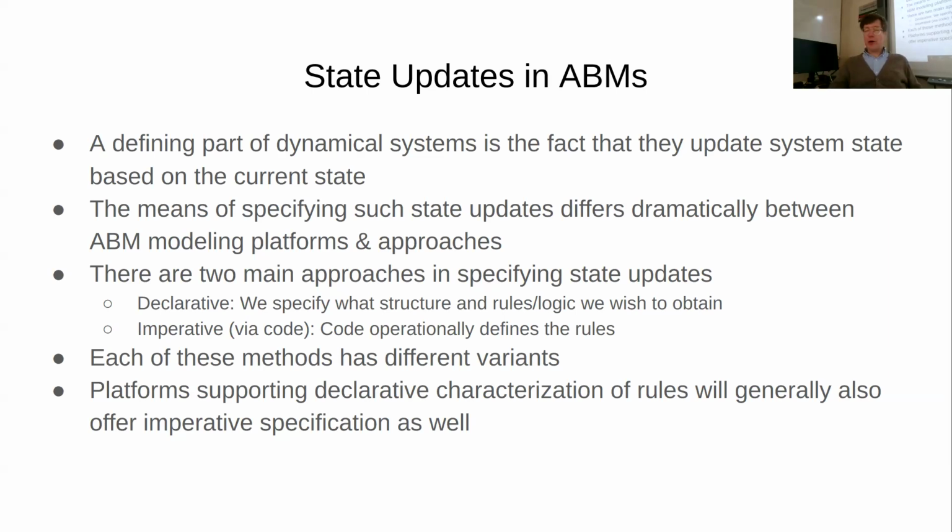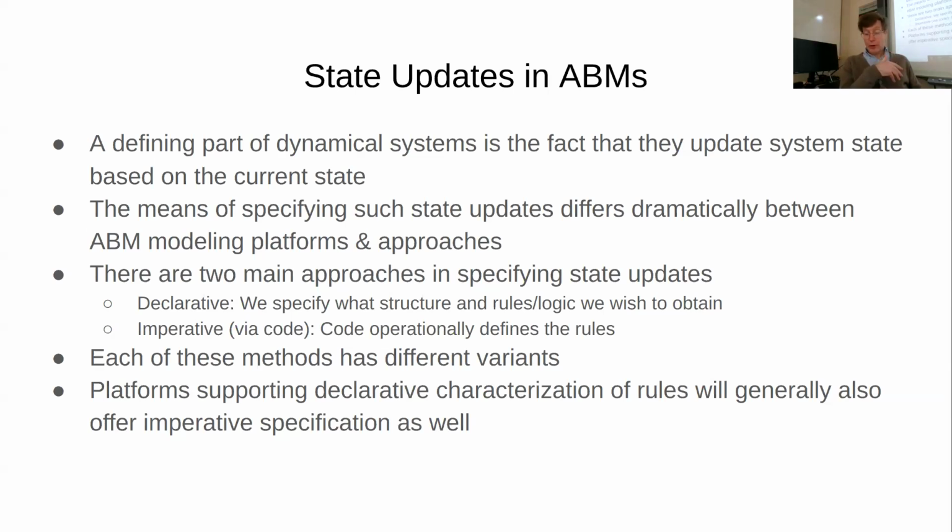And the system takes care of interpreting those, making them apply, realizing them. Or imperative translations, where code is specified to specify the rules. Or you don't specify it mathematically, but only implicitly in terms of code. The mathematics are implicit in the code. And there are different variants of those that we'll be looking at in future lectures.